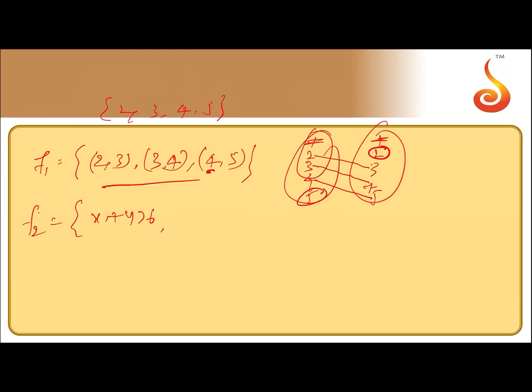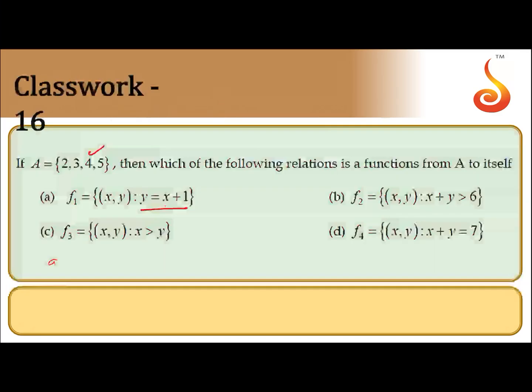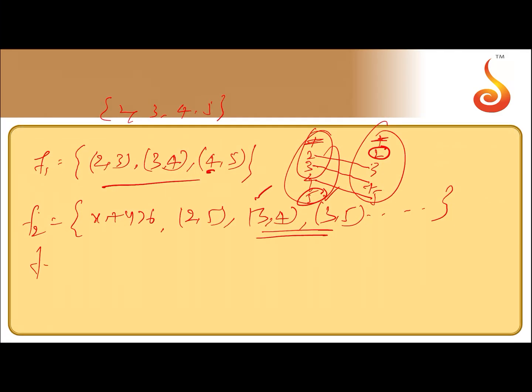What are the different possibilities in this case? (2,3) is not possible, (2,4) is not possible, (2,5) is one possibility, and (3,4) is a possibility. (3,5) is also a possibility, and so on. Here itself you can say it is not a mapping, because the same x coordinate is having different images, which is not possible. Let me take up the third one, x is greater than y.